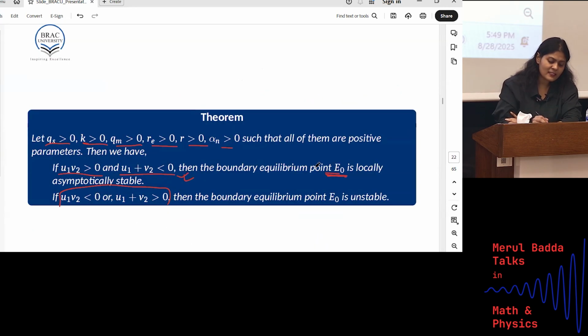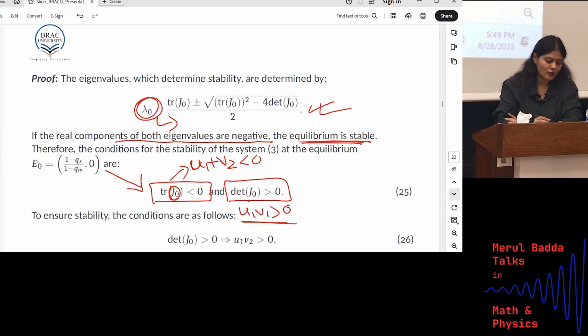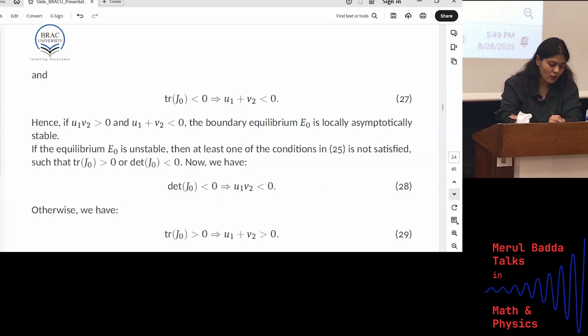Otherwise, if any of the conditions is not satisfied, as the trace is greater than 0 or the determinant is less than 0, we can say it is unstable.